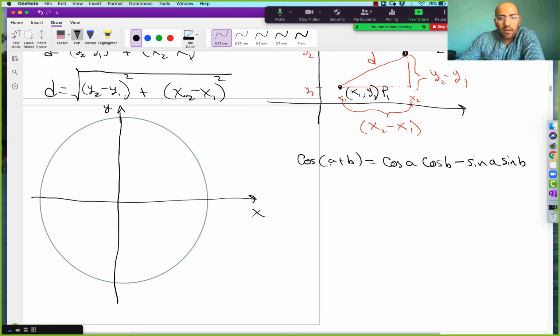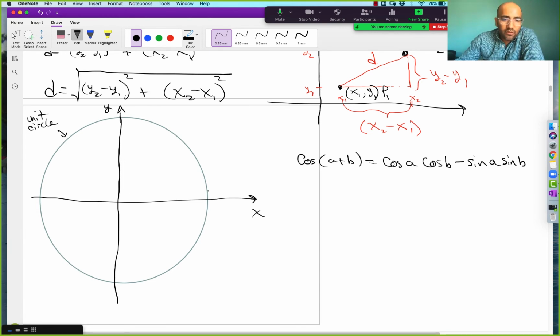If it's the unit circle, then remember that in radians, the length of the arc is equivalent to the angle. That's the definition of a radian.